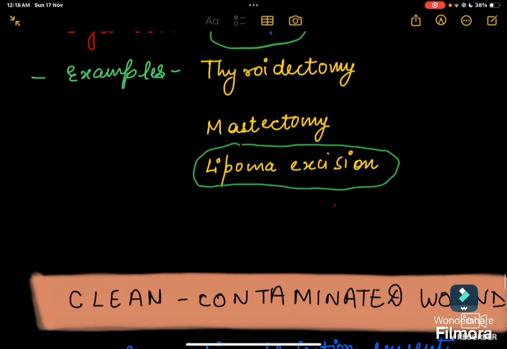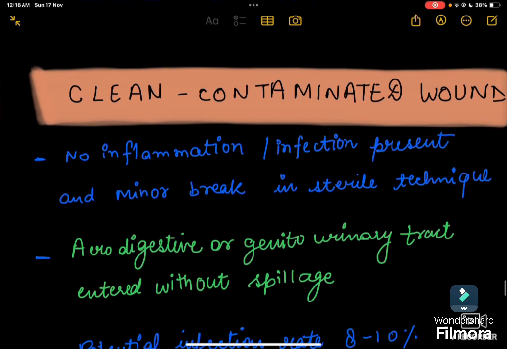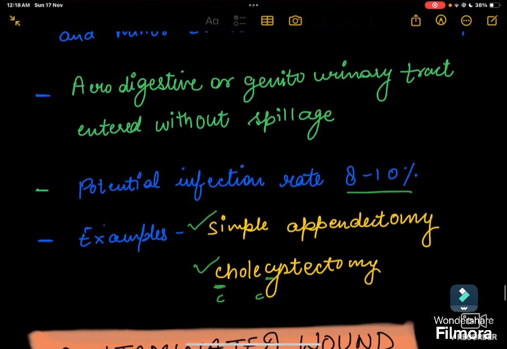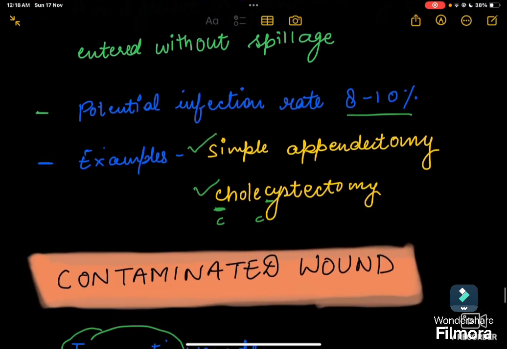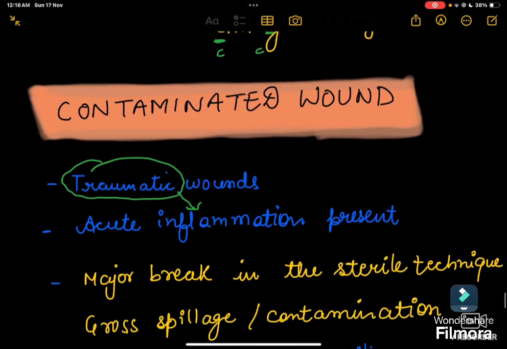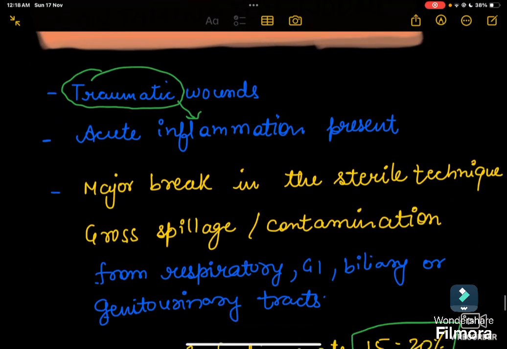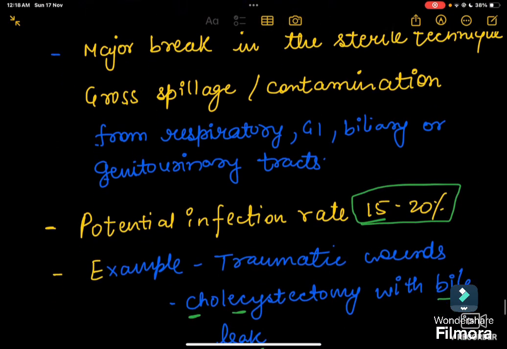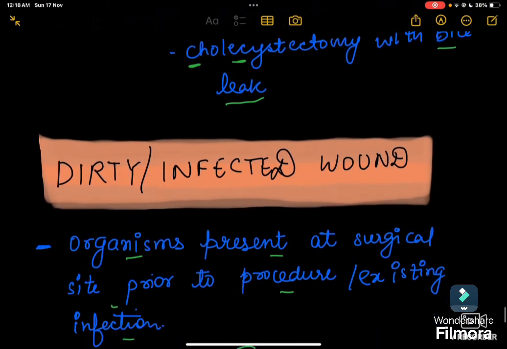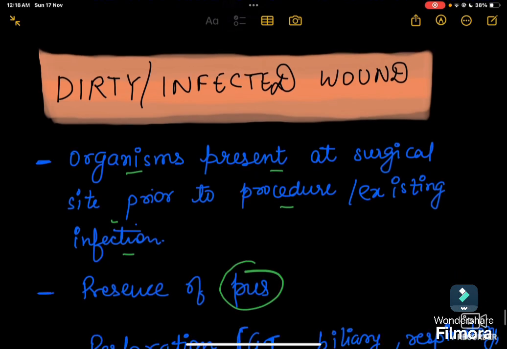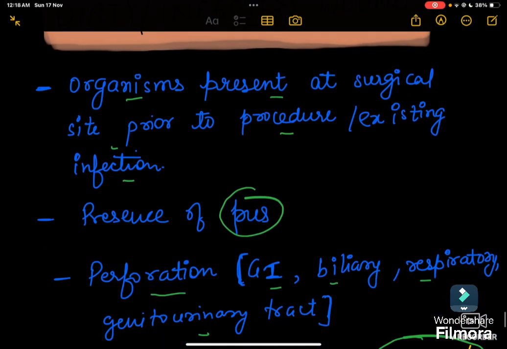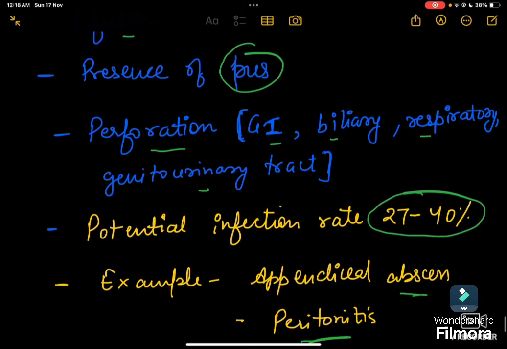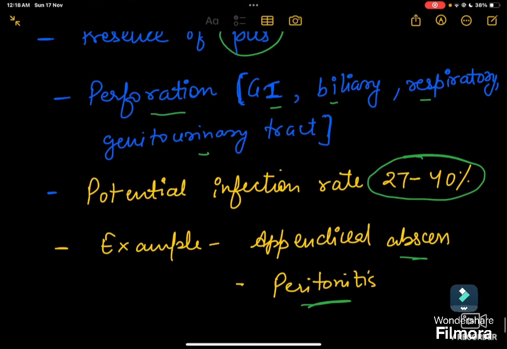Example was lipoma excision. Clean contaminated wound we have studied. The rate is more, and the example was cholecystectomy. And contaminated wound we have studied like traumatic wound. Gross spillage will be there and rate is higher, and example is cholecystectomy with bile leak. And dirty infected wound, organism present priorly before surgery, pus formation will be there, infection rate is more, and peritonitis or appendiceal abscess.